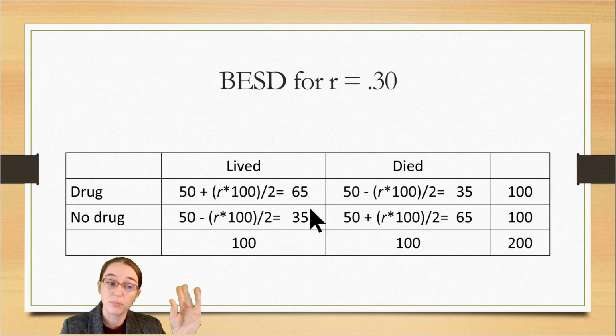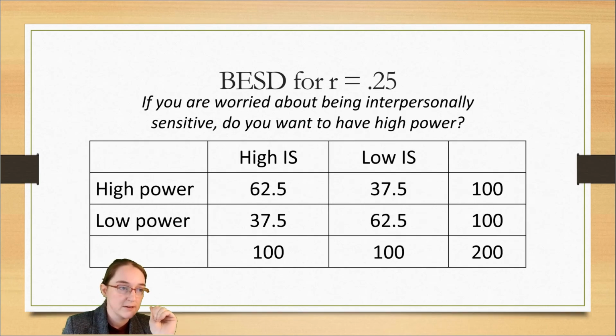That's a 15-point difference here. So if they didn't take the drug, only 35 of them lived. And that's a small correlation. So that's a 30-person difference, which is coincidence. Okay, it's coincidence these numbers work out that way.